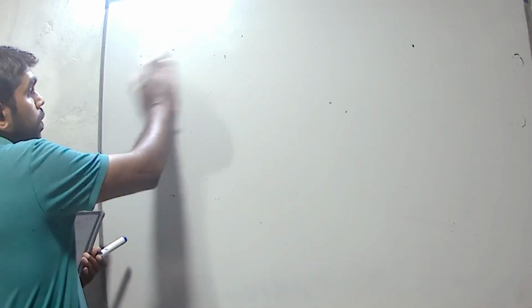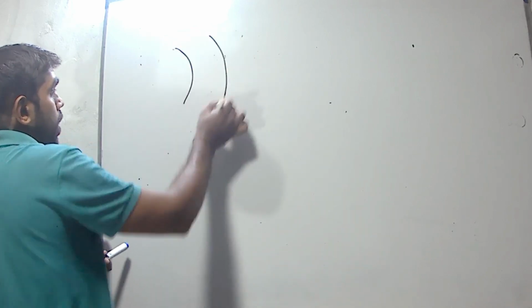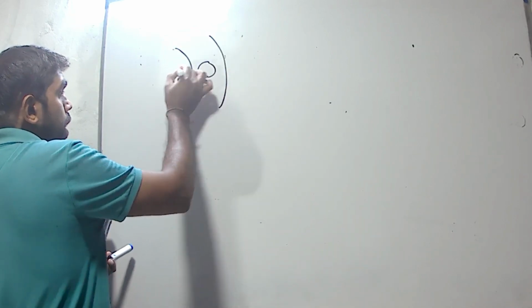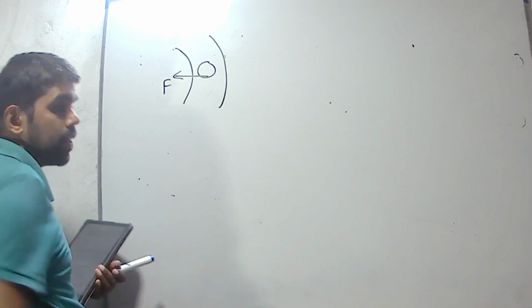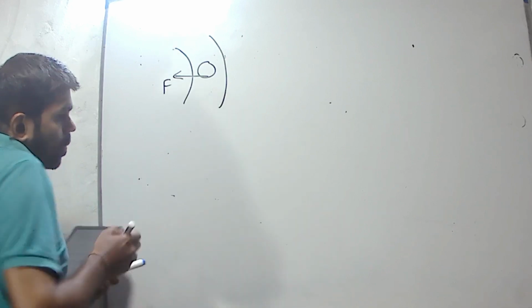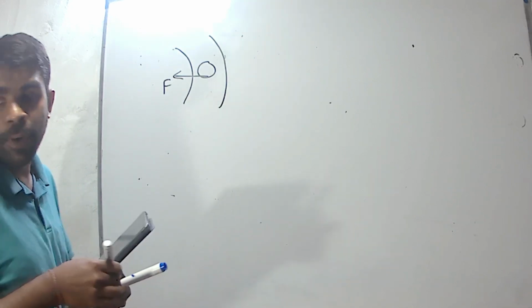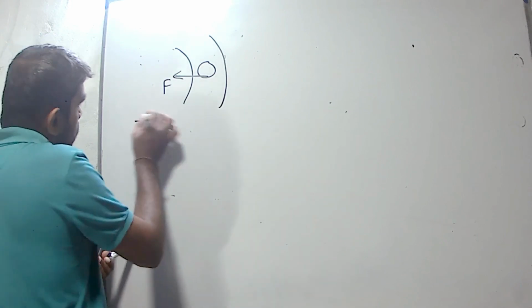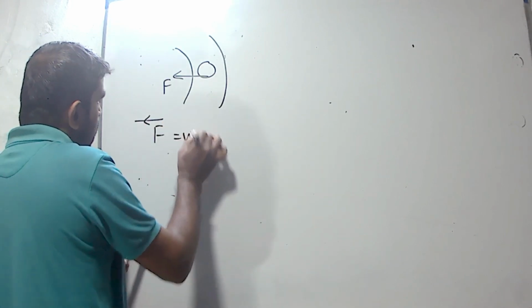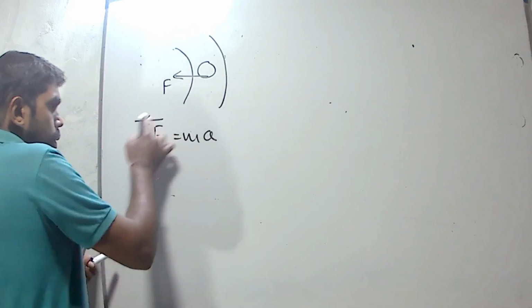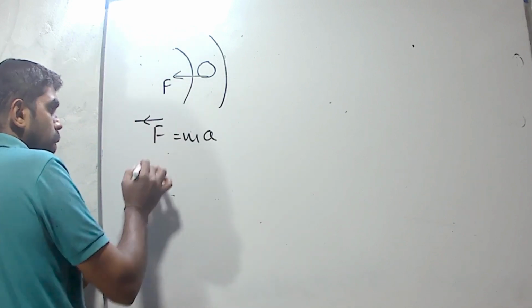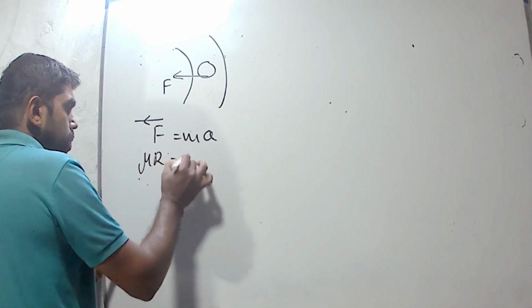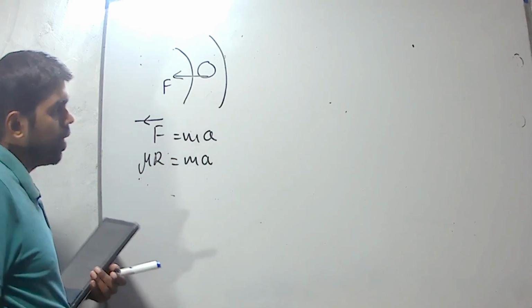We can get that for the circular motion, the friction on the car towards the center is the centripetal force. Then we can use F equals ma towards the center. Force is frictional force, we can write it as mu R equals ma.